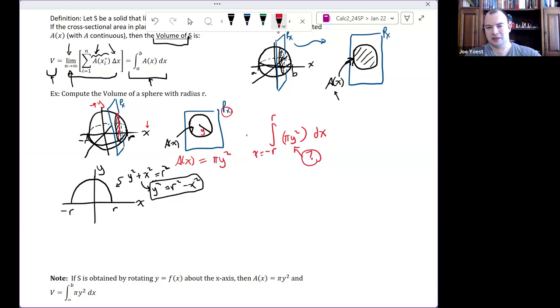So my volume is given by this integral, the integral of the cross-sectional area A of x dx. And now I just swap in r squared minus x squared for the y squared. Now my bounds, my integrand, and my variable of integration all match. They're all x.